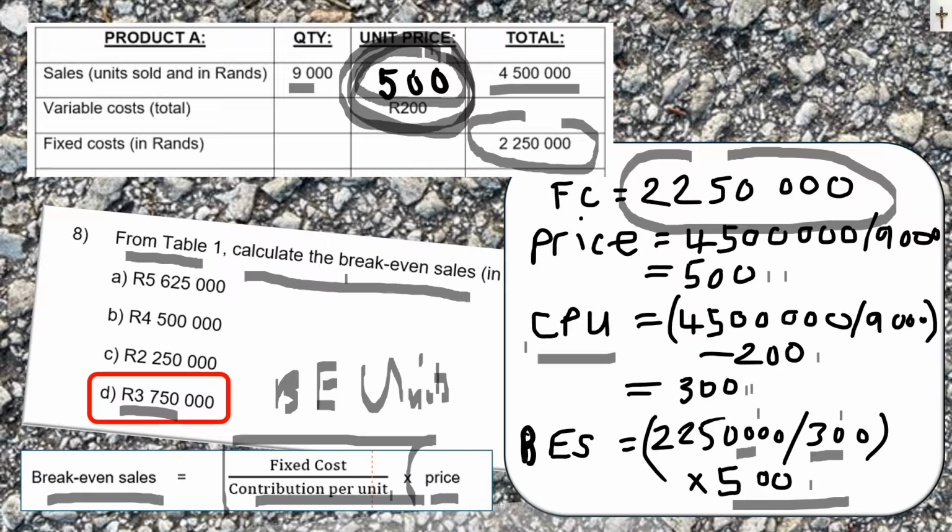It says calculate the break-even sales in rands. So we have the break-even units calculated in the previous example, multiplied by the selling price per unit, which was 500, and that gives us 3,750,000.